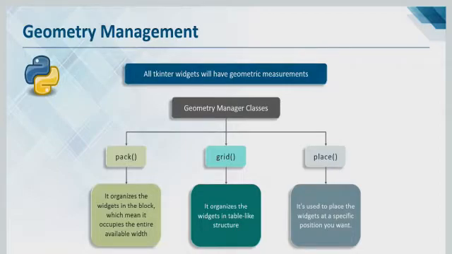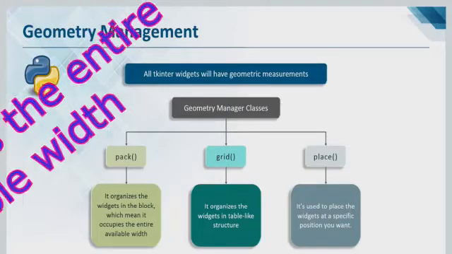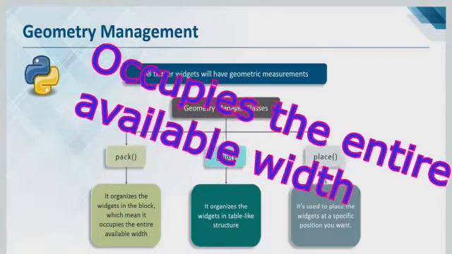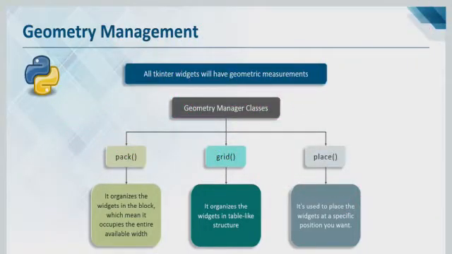So we have pack, grid and place. Pack is used to organize widgets in a particular block. It actually occupies the entire available width. It is a standard method to show widgets in a window.